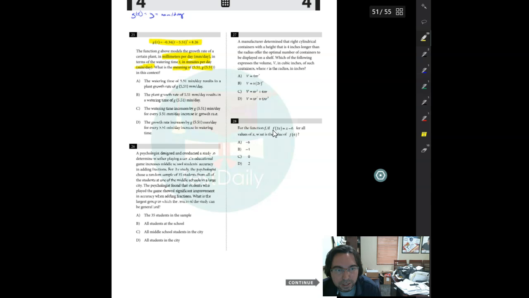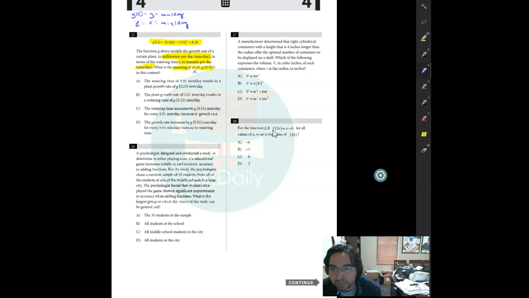So we see that t, which serves as the value of x here, is in minutes per day. And what we see here says, what is the meaning of f of 5.51? Well, that is the x value right there. That is the x. So we know x and minutes per day should go together.